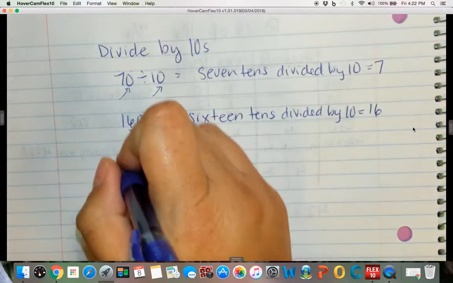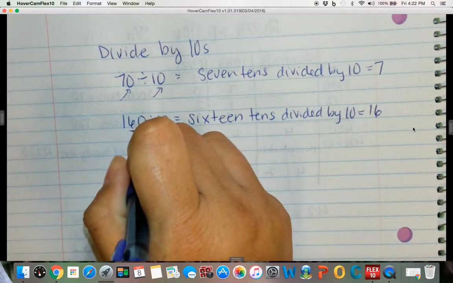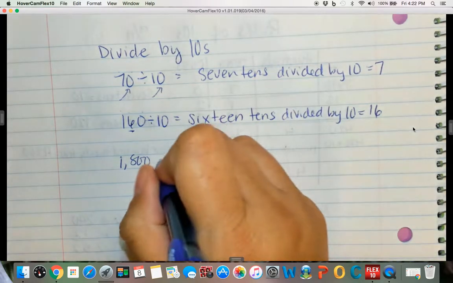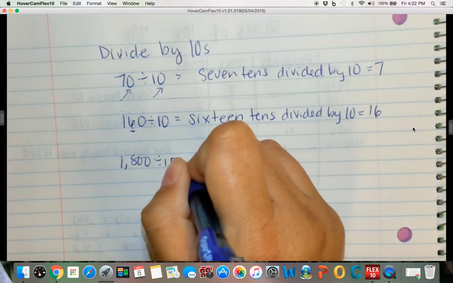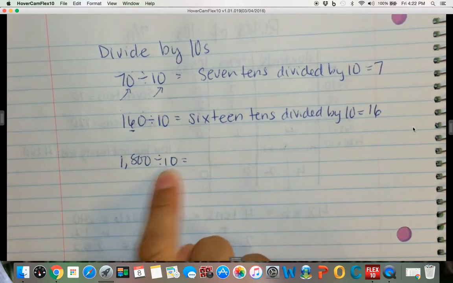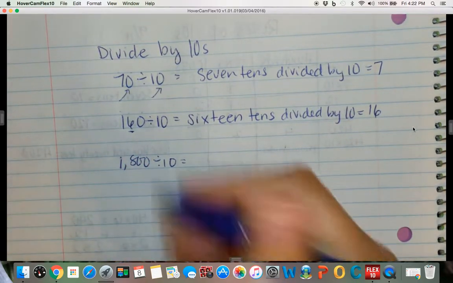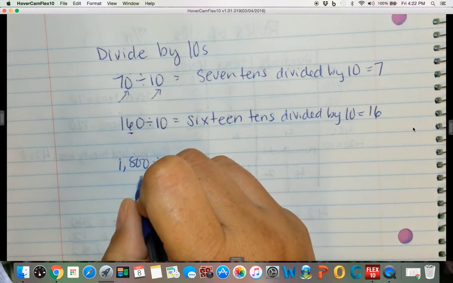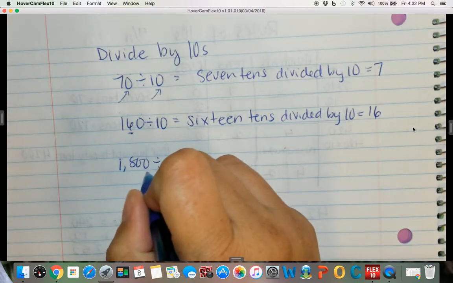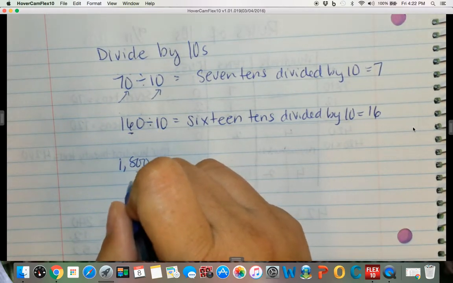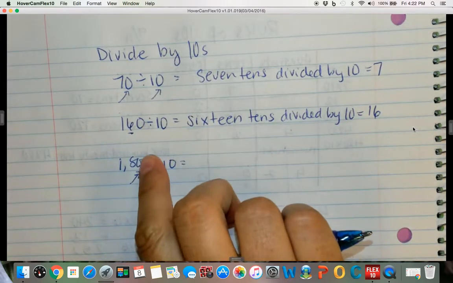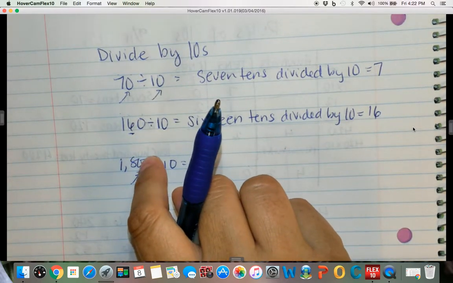If I have 1,800 divided by 10, how many tens do I have here? Well, I look at where the tens place ends. Ones, tens. Wherever that ends is how many tens I have.